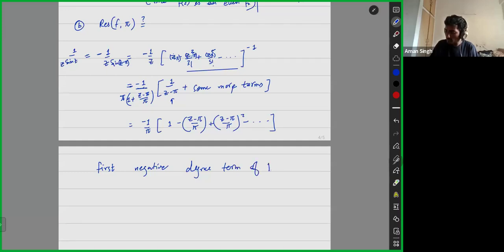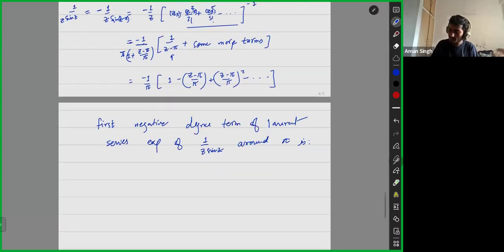of Laurent series expansion of 1 by z sin z around pi gives, what is that?